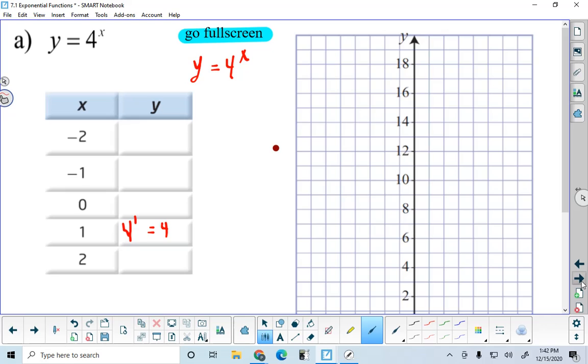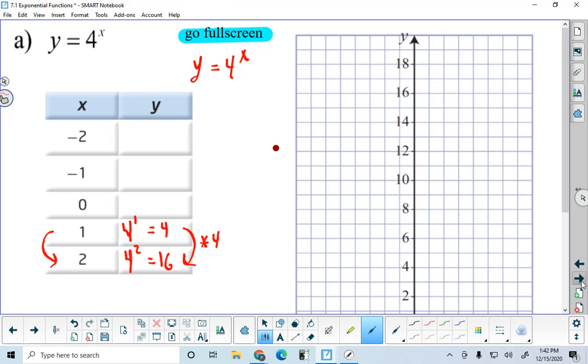When x is 2, we're going to have 4 to the 2, which is 16. And I want everybody to pay careful attention to the fact that when x goes up by 1, y gets multiplied by 4. And 4 is the base in the exponential function.